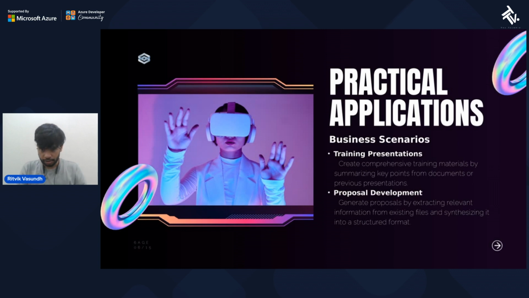You just upload a particular file or a set of files, and tell it what you're exactly aiming for. All those inputs are given, and then you just implement it. Generate proposals by extracting relevant information from existing files and synthesizing it into a structured format. That's where proposal development comes in.